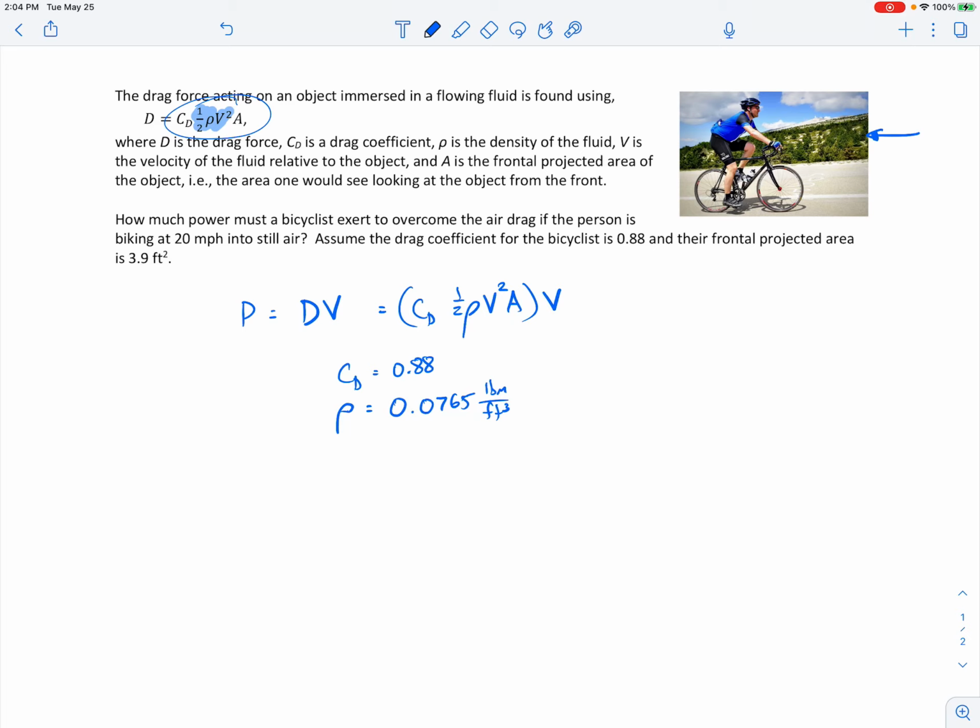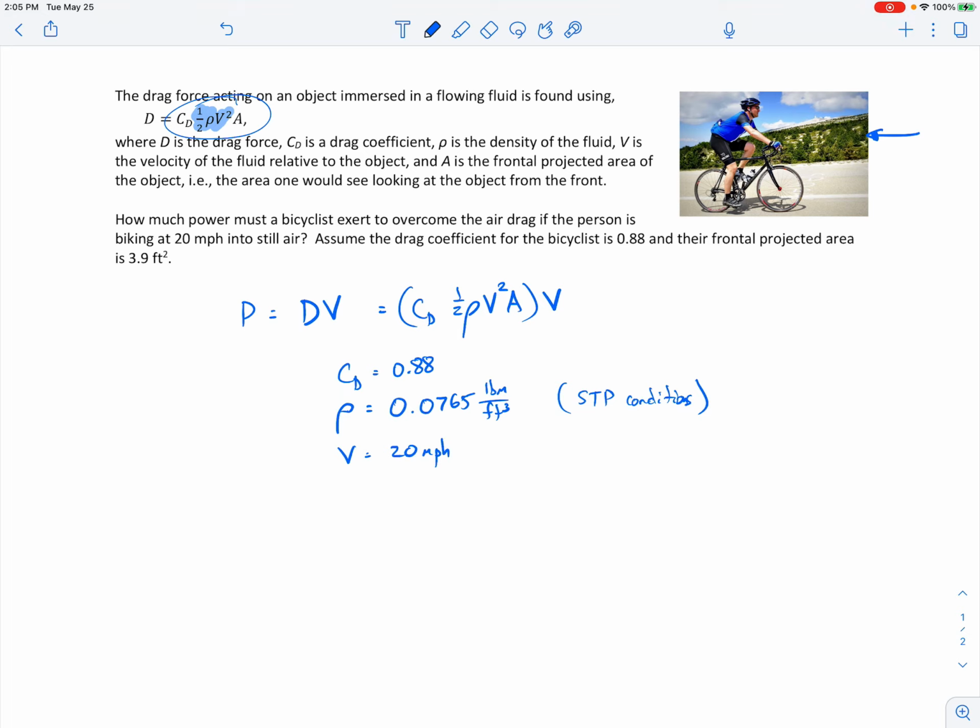Again, this comes from the standard temperature and pressure conditions, so STP conditions or sea level conditions. And we just looked that up online. It comes from experimental measurements of what the air density is and what the pressure is and what the temperature is at sea level conditions. And the units for density in the English system would be pounds mass, so that's a mass, divided by cubic foot, a volume. The velocity, we're told, is 20 miles per hour.